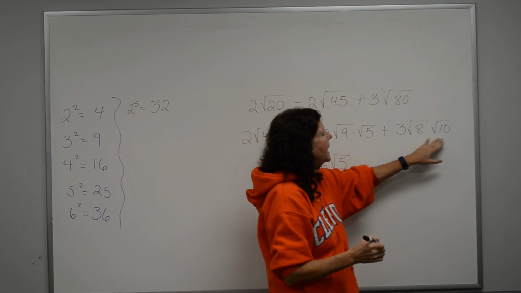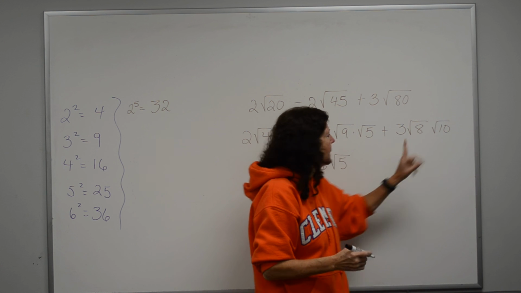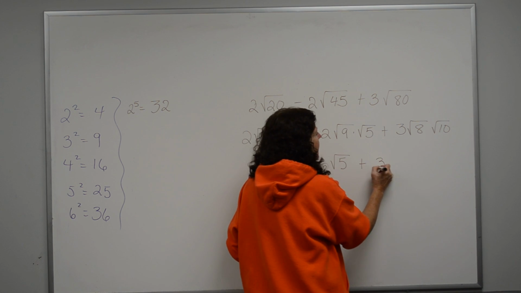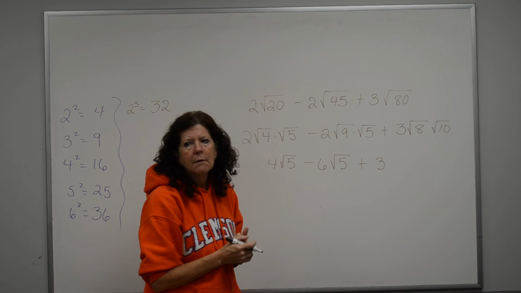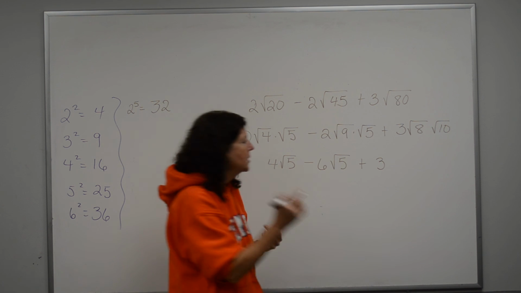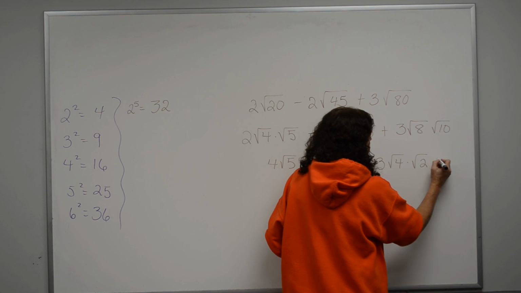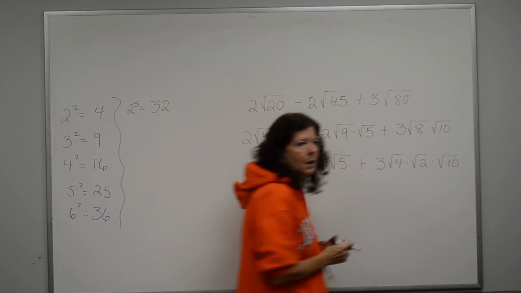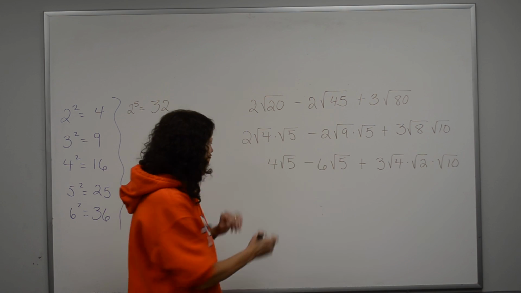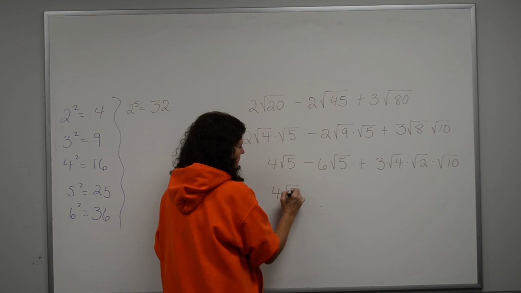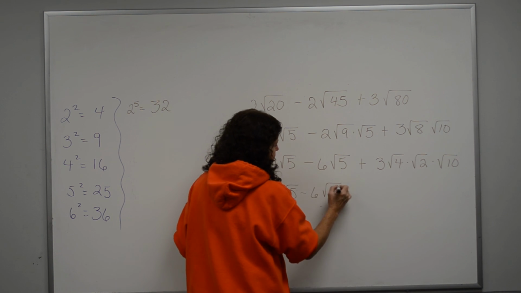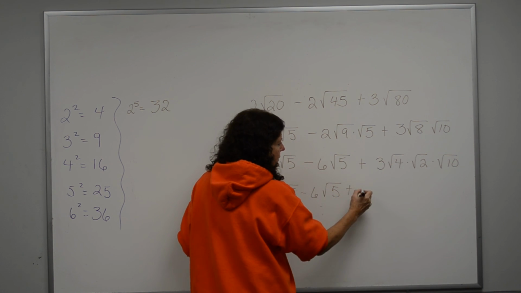Then I come over here and I can't break either one of those down. But I can write them differently. What can I write the 8 as? 4 and 2. So I can go the square root of 4 times the square root of 2 times the square root of 10, right? I'm going to keep bringing this down. What's the square root of 4? 2.